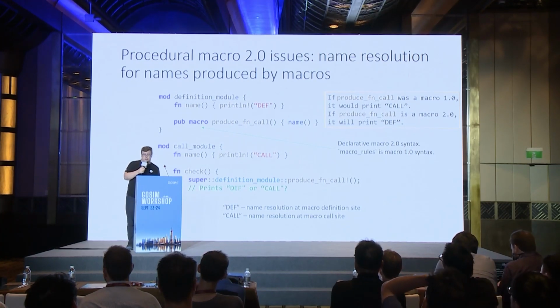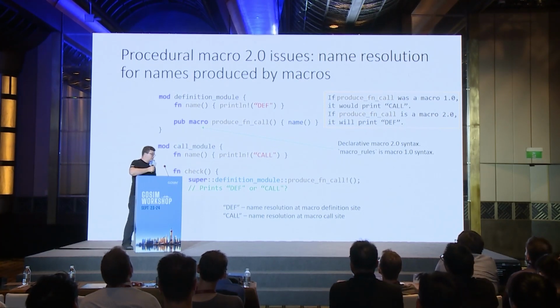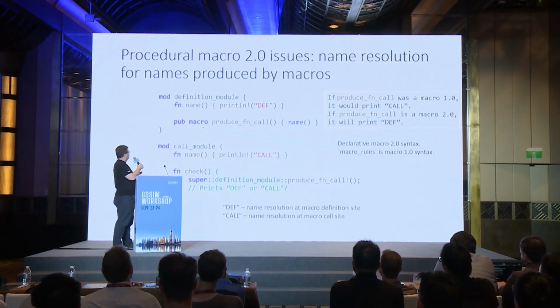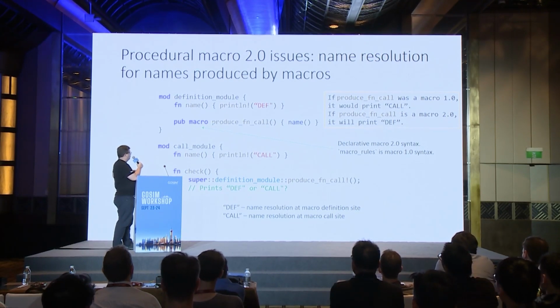Proceeding to issues with procedural macros 2.0. Here we see some situation with resolving names produced by macros. For example, here we see a macro definition. Here we see a function that is located at the point of macro definition.